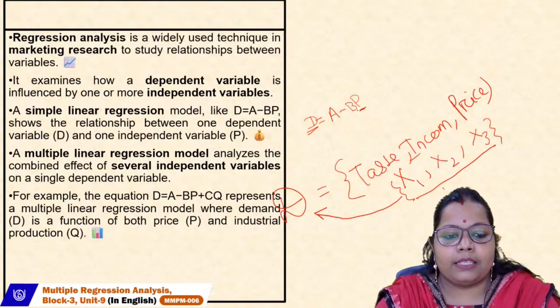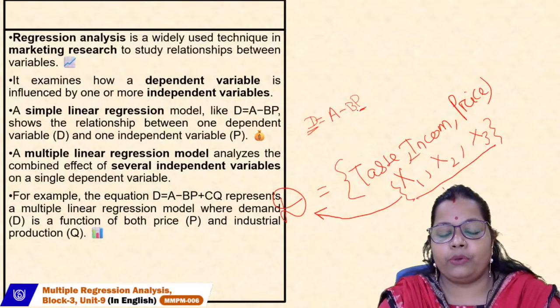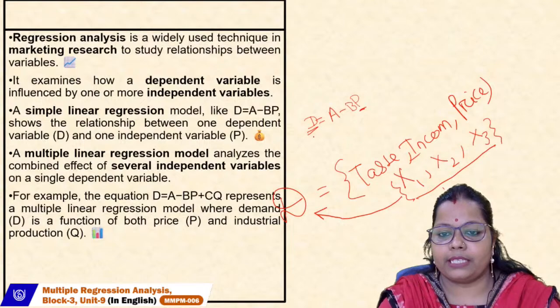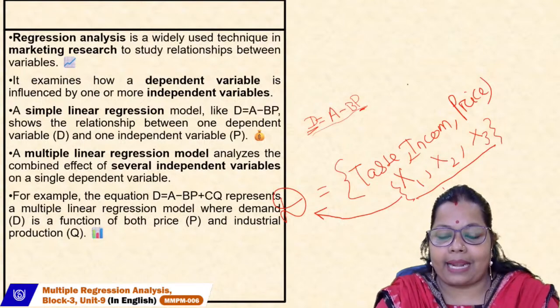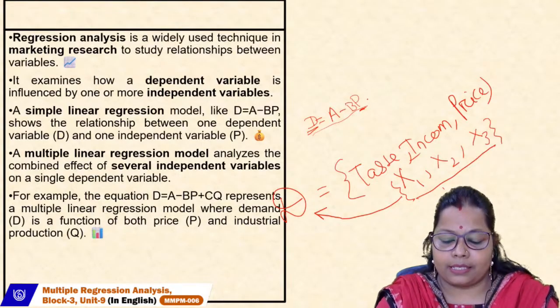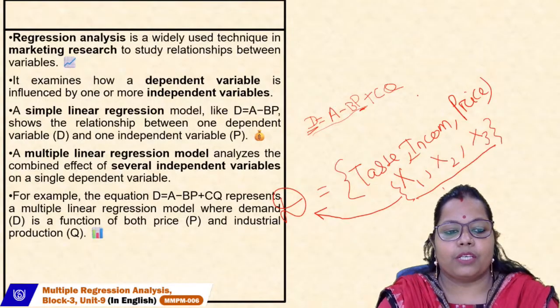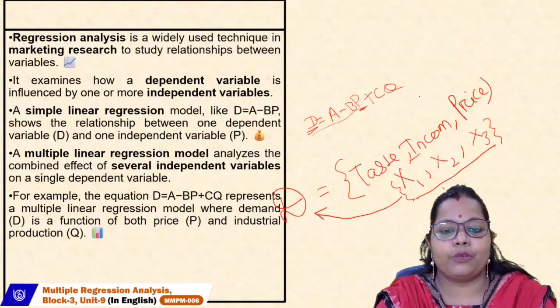For example, the equation D = A - BP, which I had written here, was for linear regression. But if I add C plus Q, then what happens to that same equation?